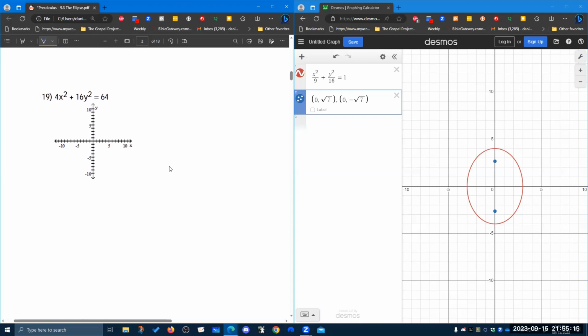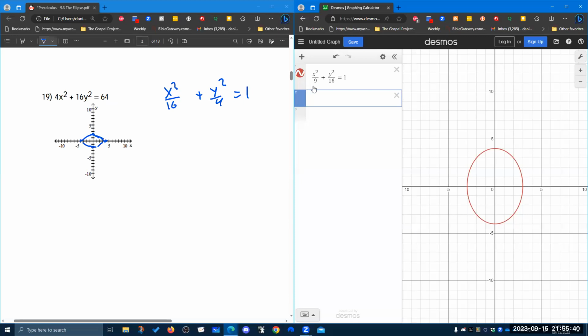Now I need to divide by 64 before I do anything else. This is x squared over 16 plus y squared over 4 equals 1. 4 and -4 in the x direction, and 2 and -2 in the y direction. Let's fix that here.